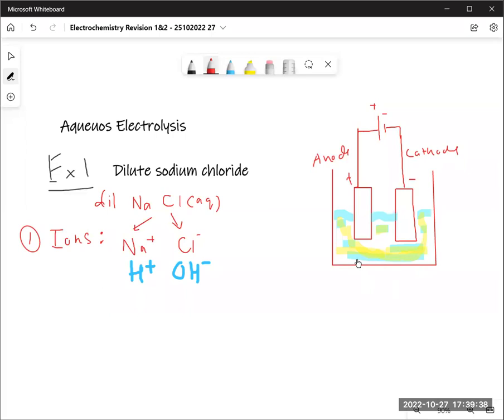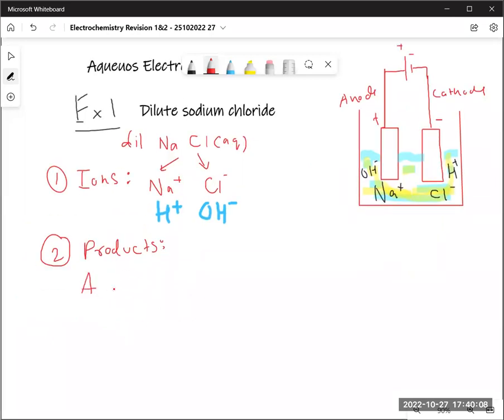Now the ions I have inside here are Na plus, Cl minus, H plus, and OH minus. Now the next thing we have to do is look at the product. What products will I get? Well, I'll get products at two places, anode and cathode.